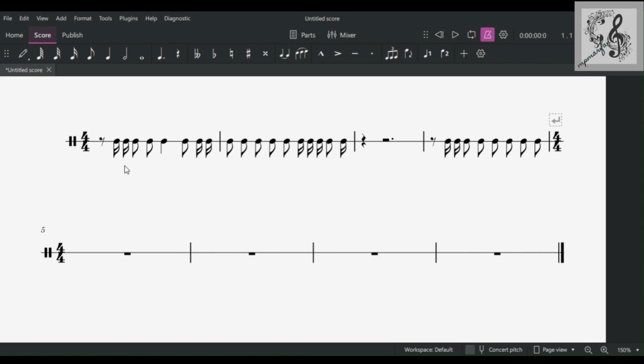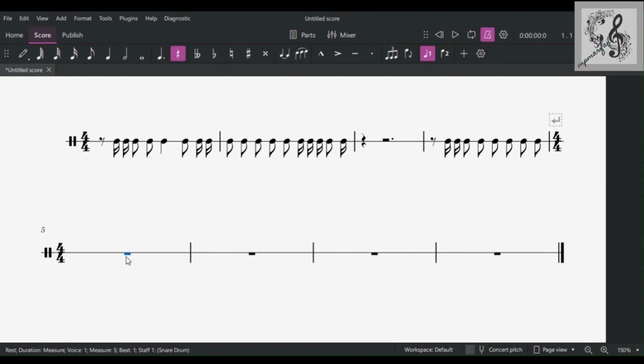We're going to make it look much easier to read by grouping it. So we have an eighth note here, and to get one count, we'd need to add this sixteenth note and this sixteenth note. So the eighth plus these two notes that make another eighth is going to give us a quarter.